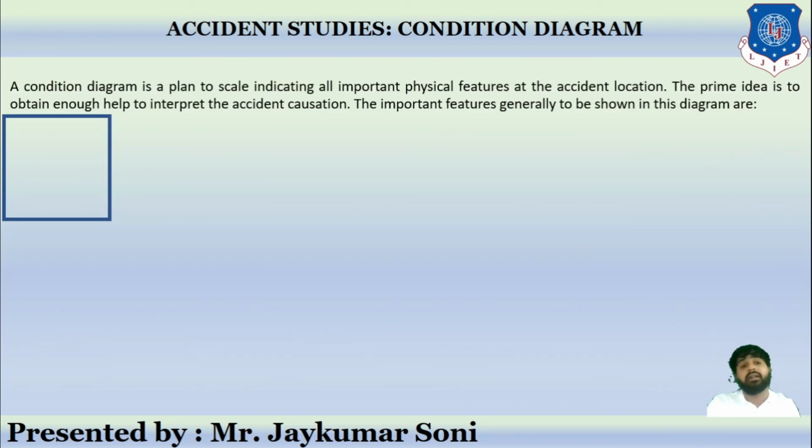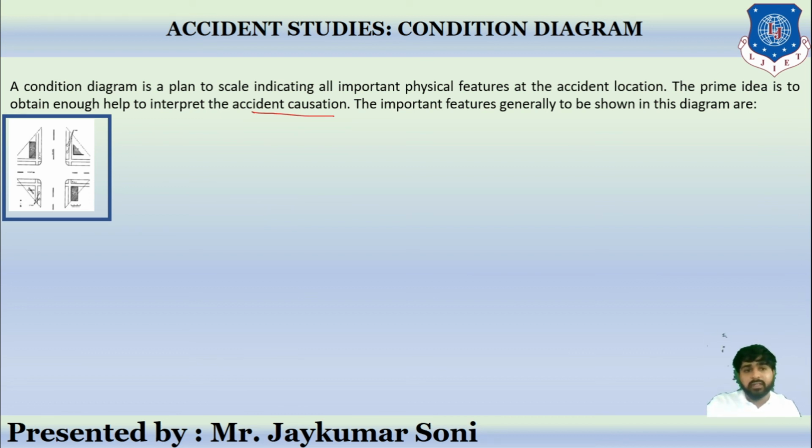Then comes the condition diagram. See, the condition diagram is a plan to scale indicating all important physical features at the accident location. Condition means what was the condition of each feature of the road where the accident took place. The prime idea is to obtain enough help to interpret the accident causation, to understand the cause of the accident.